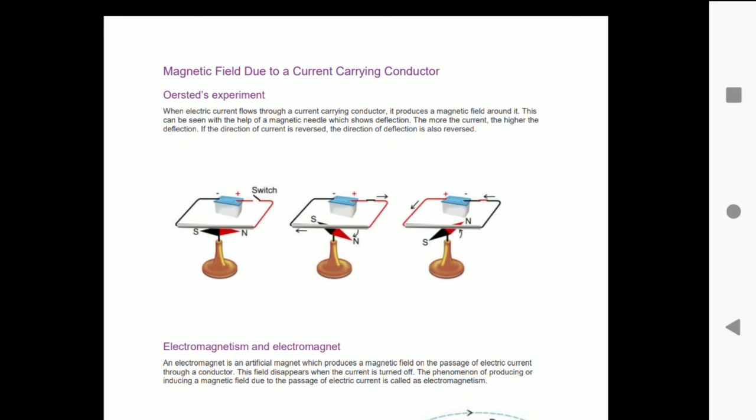In the first case, the needle moves towards the east, and in the second case, the needle moves towards the west. It means that the direction of the magnetic field produced by the electric current is also reversed. If you change the direction of the current, then the direction of the magnetic field produced will also change.